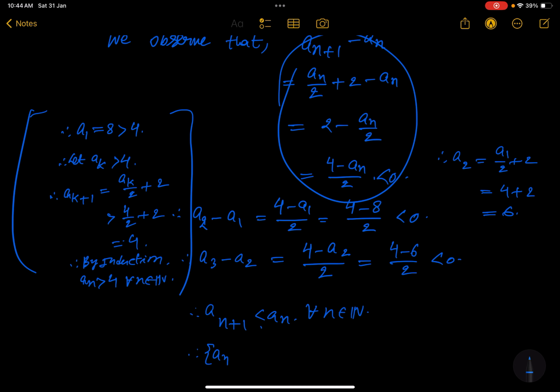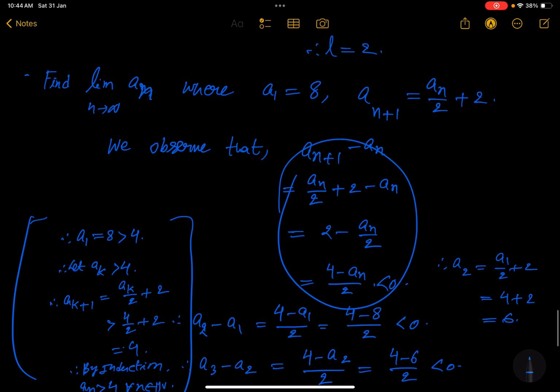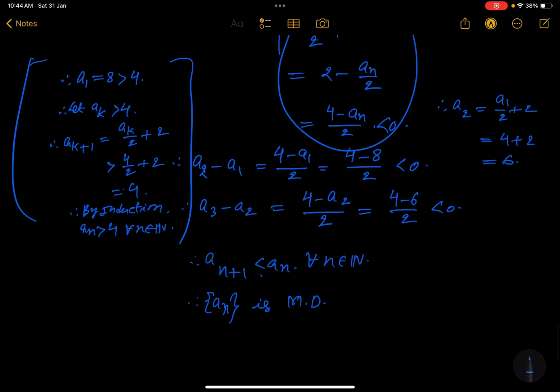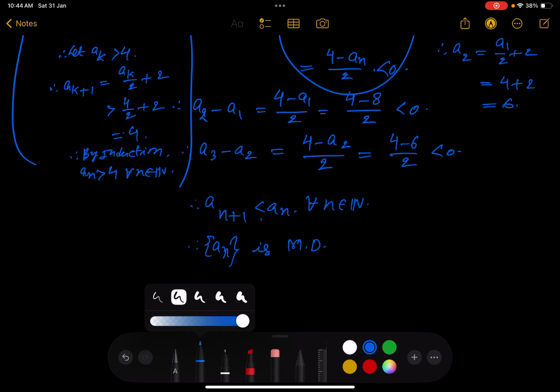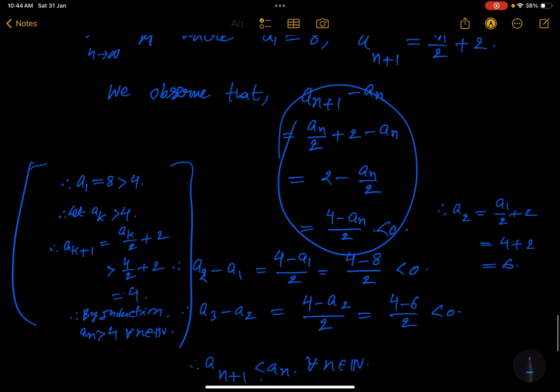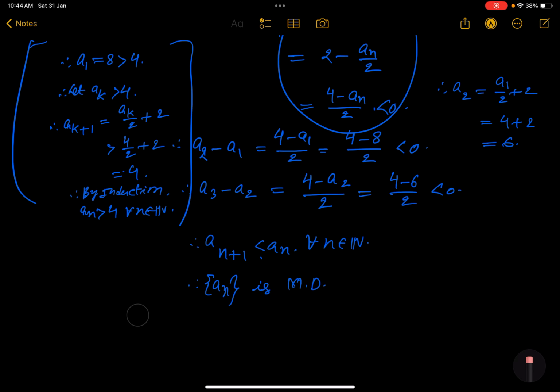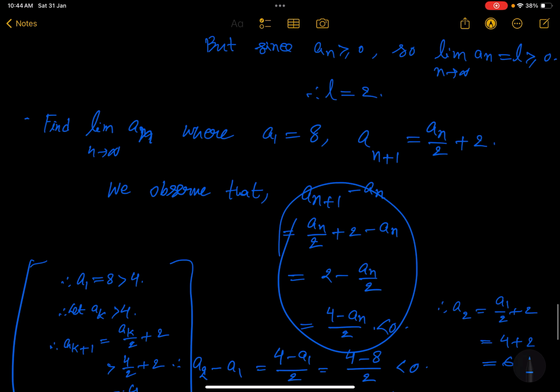So the sequence is monotonically decreasing, right? Yes. Now we observe that a_n is bigger than 0 for every n belonging to N. This is by definition, right?